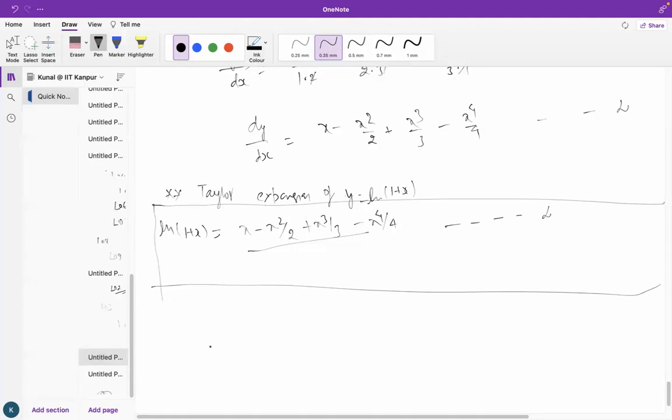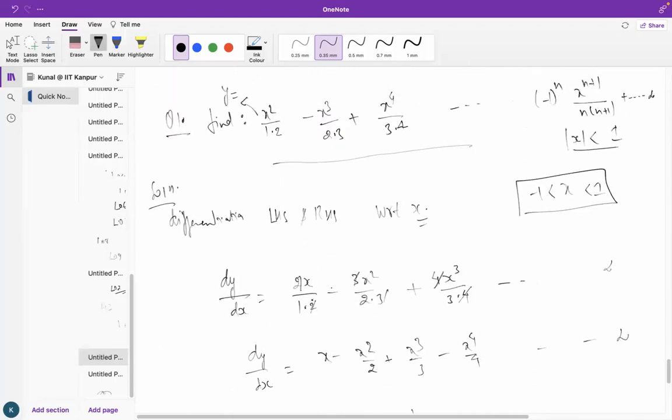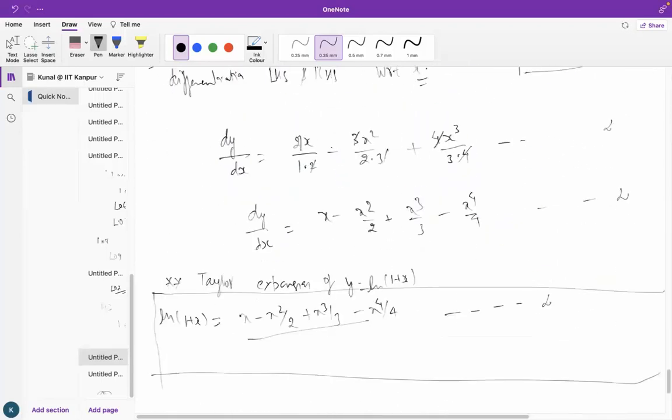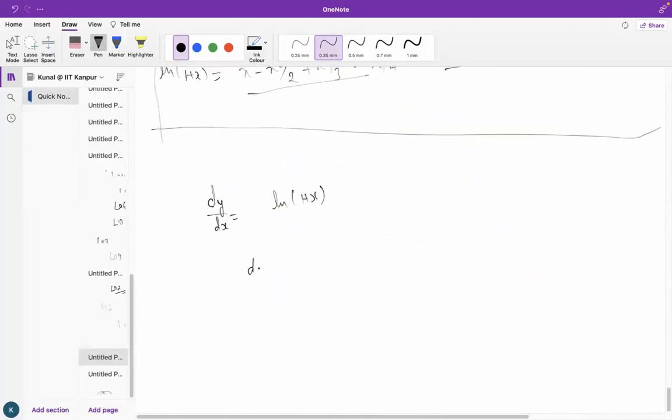So what we will get here? We will get dy by dx is equal to ln(1 plus x). Now what you have to do? We have to calculate the y here, right? So take dy is equal to ln(1 plus x) dx and just integrate this.